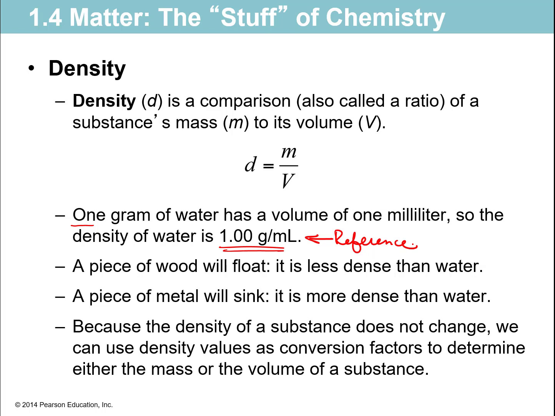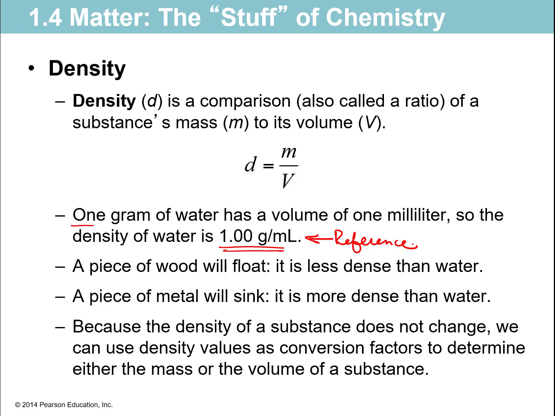So anything that is less dense, if it doesn't mix with water, will float. Okay? If you have oil in water, or if you've ever seen gasoline spilled at the gas station, do you notice how it makes a rainbow color on top of the water if there's a puddle? That is because gasoline and those hydrocarbons are less dense, so they don't mix with water, they separate out and float on top.